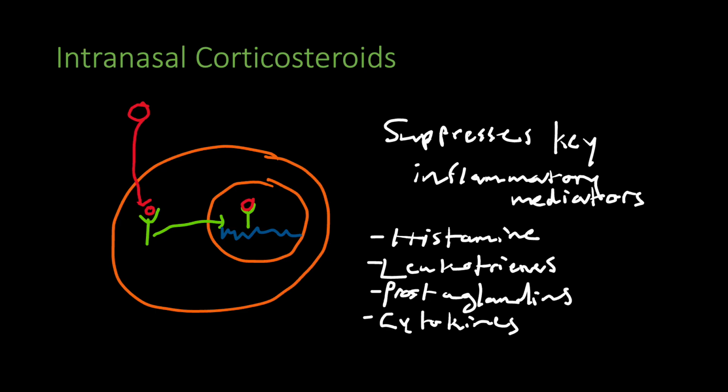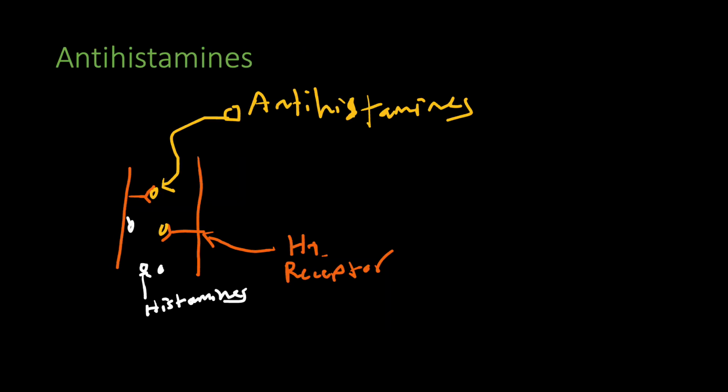And then antihistamines, as I told you, it's in the name. They're antihistamines. They're going to block the histamines from binding to the H1 receptor. And that is generally the basis of the mechanism of action of this medication.